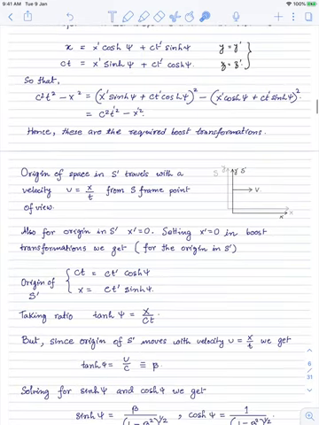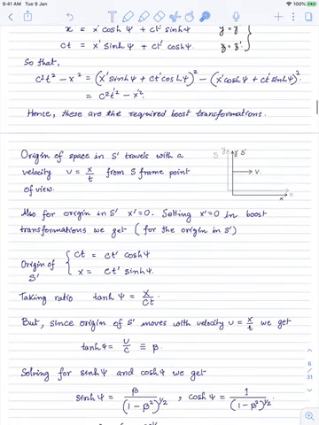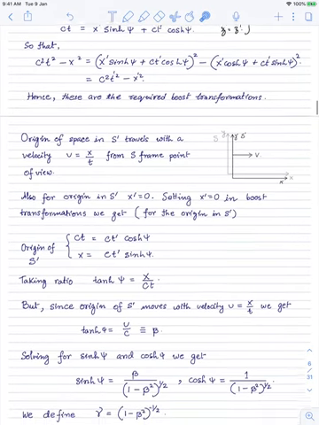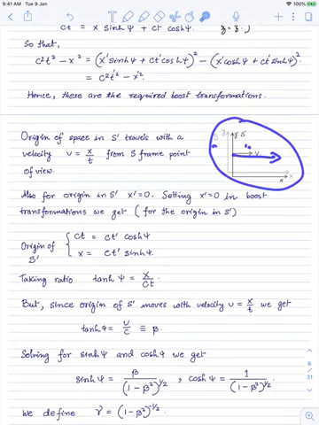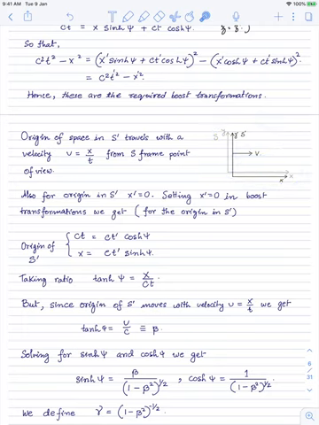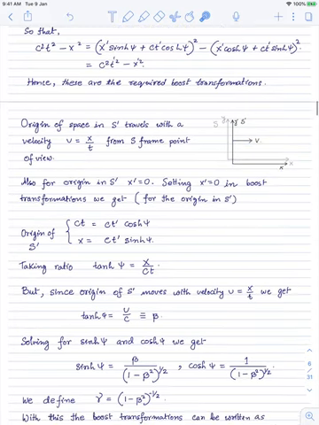So in order to do that, let us first observe, let's say, now consider this again, the same setup I have, the primed and the unprimed coordinate. The primed coordinate is moving with velocity v along the positive x direction. So now if we consider this S and S prime, I'm assuming that the origins of space-time coincide in the two frames.